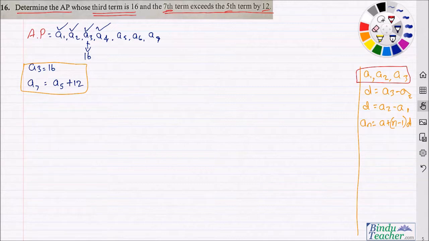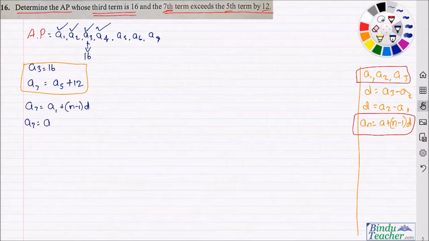Okay, so let's get started. For this we will make use of this equation, A of n equals A plus n minus 1 into D. Let's first start with A7. So A7 equals A1 plus n minus 1 into D. We do not know the value of A1, so I will write it as is, plus the value of n is 7, so 7 minus 1 into D. So this gives us A7 equals A1 plus 6D.